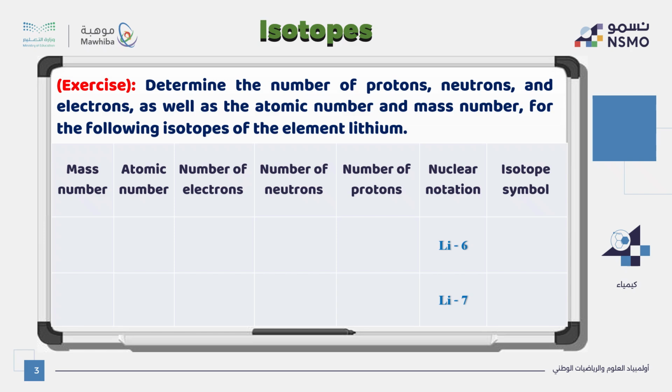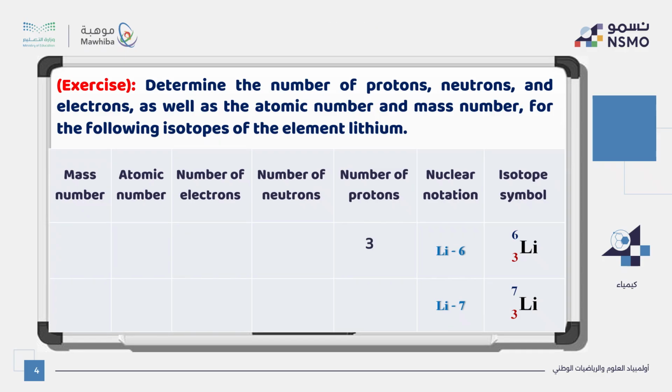Now let us determine the properties of 2 isotopes of lithium, lithium-6 and lithium-7. Lithium has an atomic number of 3, so it always has 3 protons and 3 electrons in a neutral atom. For lithium-6, the mass number is 6, so the number of neutrons is 6 minus 3 equals 3 neutrons.